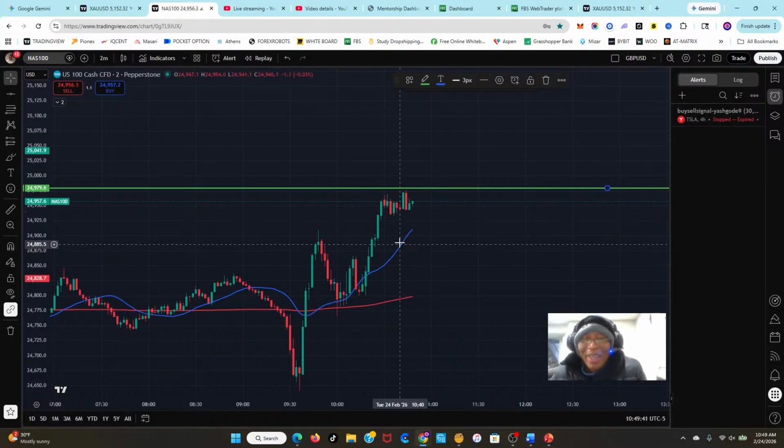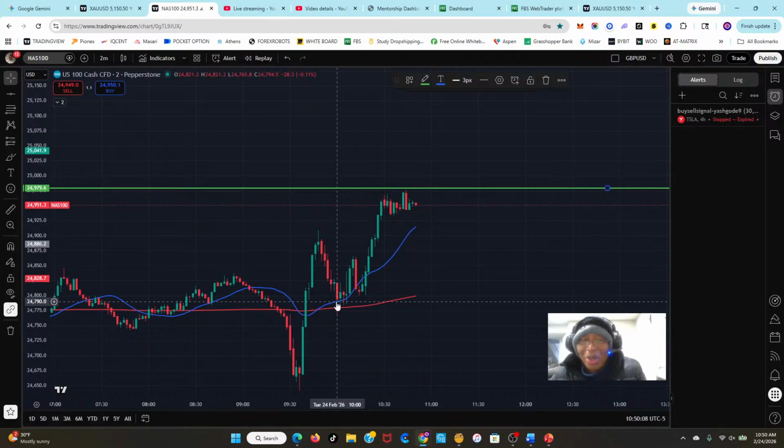But the way the 200 is facing and the 20 is pointing up, it's very strong up. But there's a big separation right here. I'm thinking the bars are going to come down so they can start kissing the 20, because they like to do that.